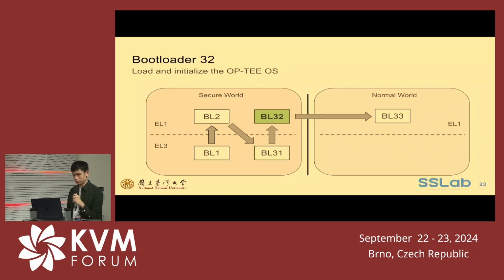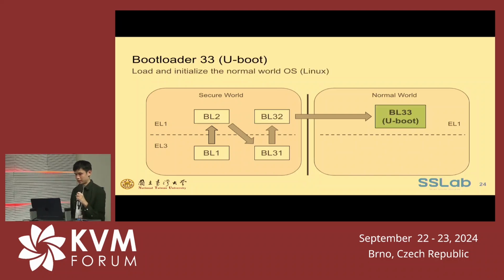And the next stage is bootloader 3.2, which will load and initialize the OP-TEE OS in secure EL1. Since bootloader 3.2 runs at EL1, no specific modifications need to be done here. Finally, bootloader 3.3, which is U-Boot in our context, is responsible for loading and initializing the normal world OS, usually Linux.